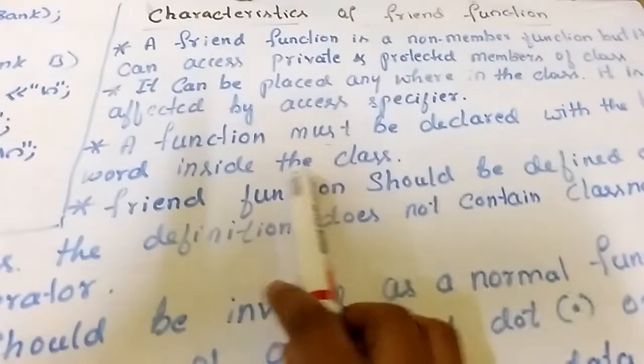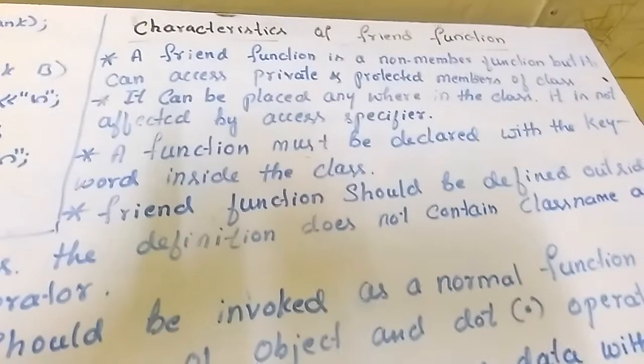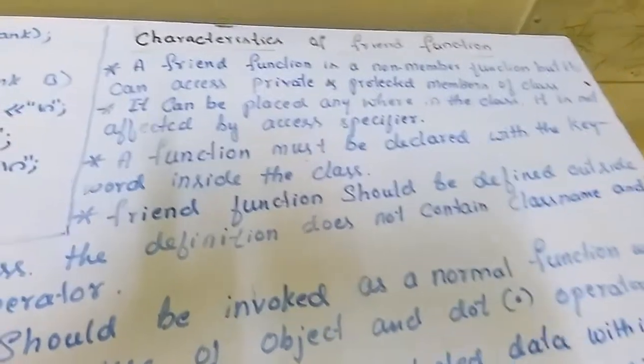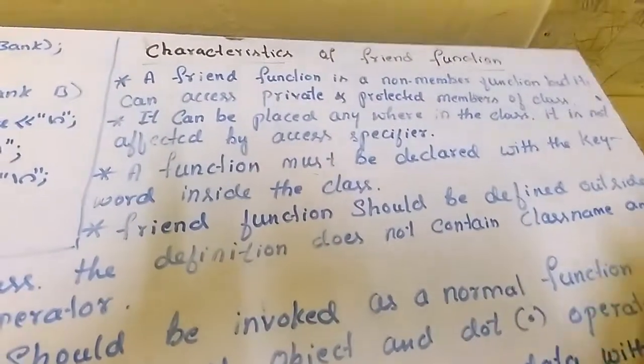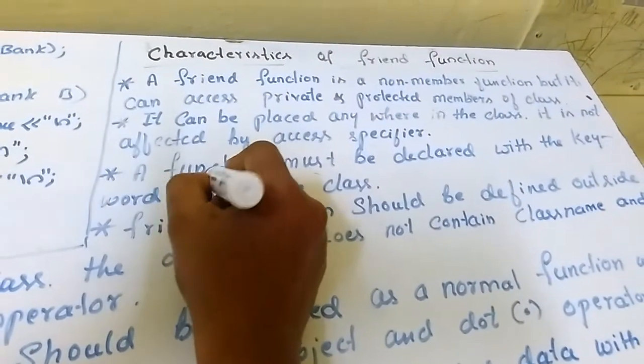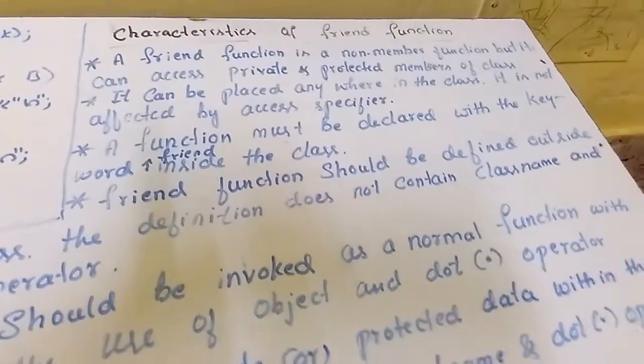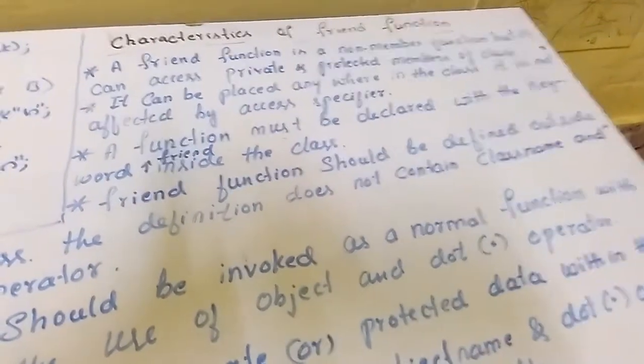Now the third point, a function must be declared with the keyword friend. I forgot to write this, that is very important. A function must be declared with the keyword friend. The main point is friend, F-R-I-E-N-D. It should be declared, otherwise it cannot become friend to that class.